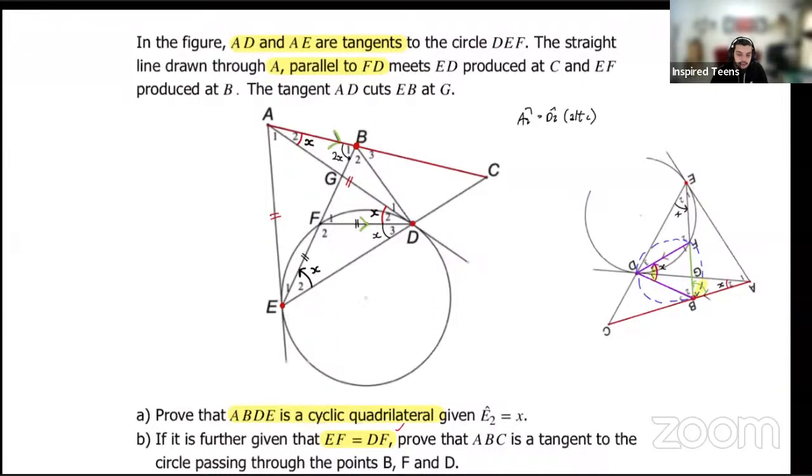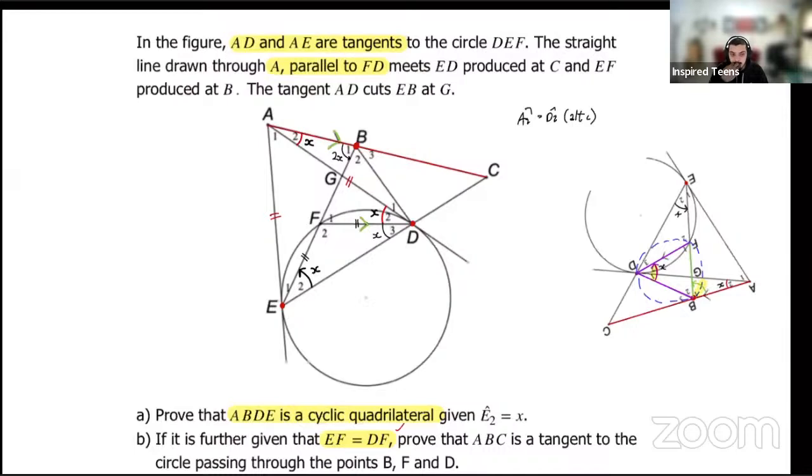B1 is equal to E2 plus C. Okay, that's also true. That's the exterior angle of a triangle, which is normally really difficult to see. So angle C is therefore equal to x.